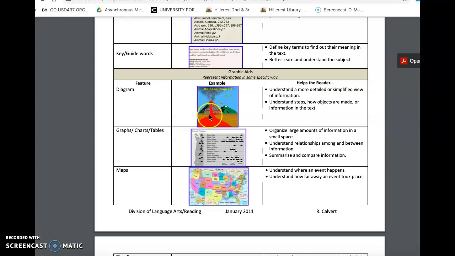Perhaps you want to include a diagram depending on your topic. If your topic is an animal, maybe a diagram of the parts of the animal, or maybe simply pictures or illustrations if you're handwriting your paper of your animal to show the reader, which is me, what your animal looks like.